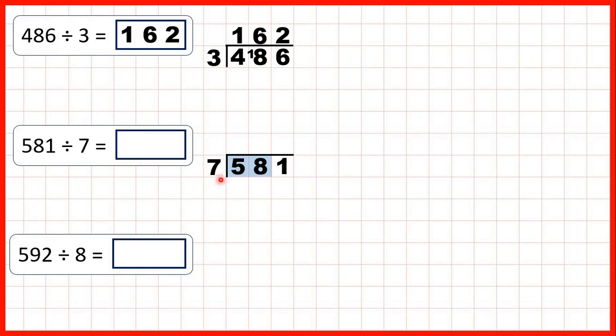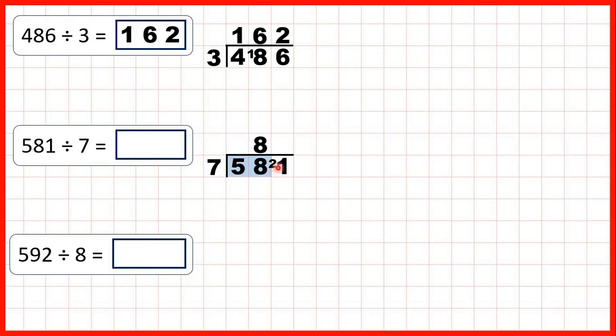The closest number in the 7 times table is 56, and because 56 is 8 times 7, we write 8 in our answer line. But 8 times 7 is 56, and we were dividing 58. So from 56, we need 2 more to get to 58. 56 plus 2 is 58, so we have a remainder of 2.